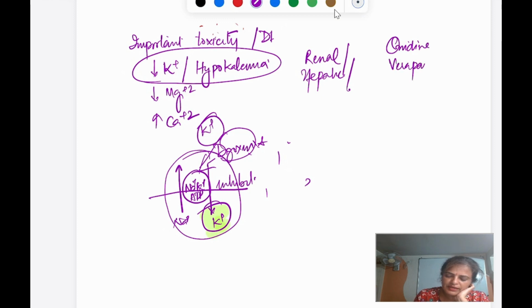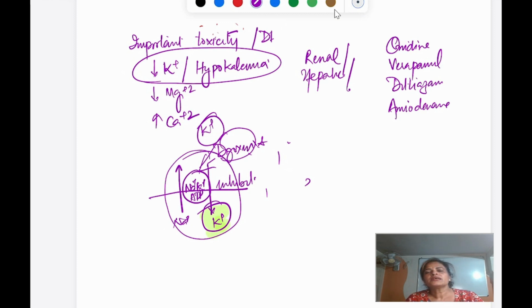Then we have verapamil, diltiazem, amiodarone, and a few drugs delay the digoxin absorption and a few drugs increase the absorption of digoxin. So these are the important ones. इसमें सबसे important जो है that is hypokalemia, and these few drugs you should try to memorize. So that's all about the digoxin.